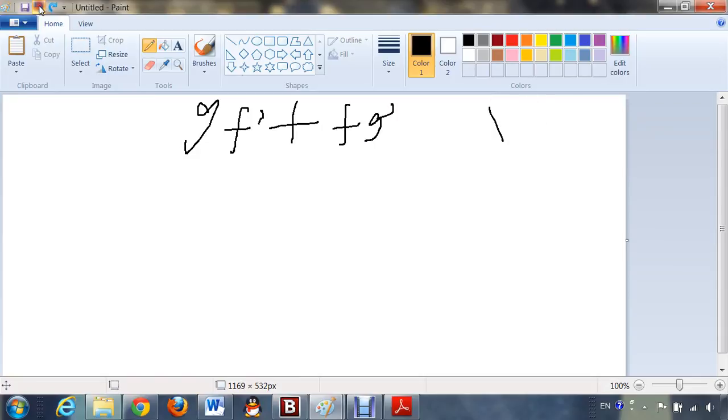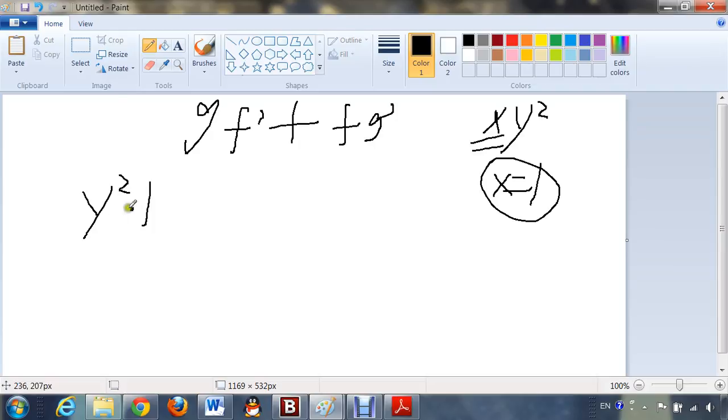This time it's x times y squared. So g will be y squared times the derivative of x, which is 1. Now this time the derivative of x is 1 because we're not trying to find x prime, so the derivative of x is 1.